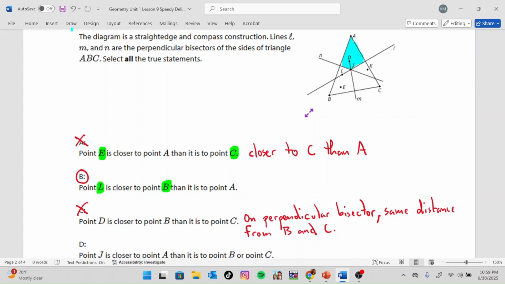And anything in the blue is going to be closer to point A.